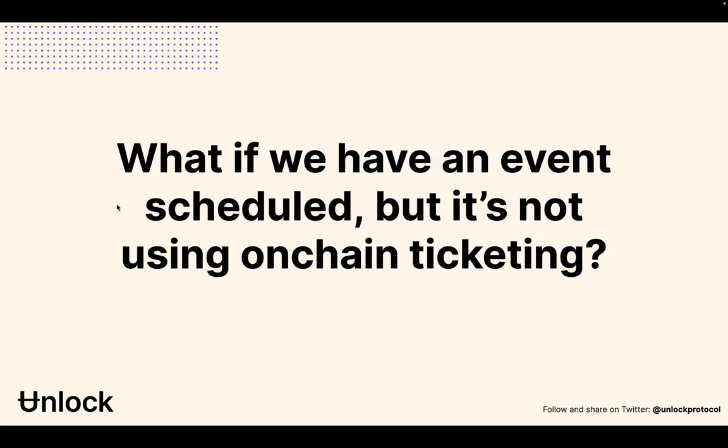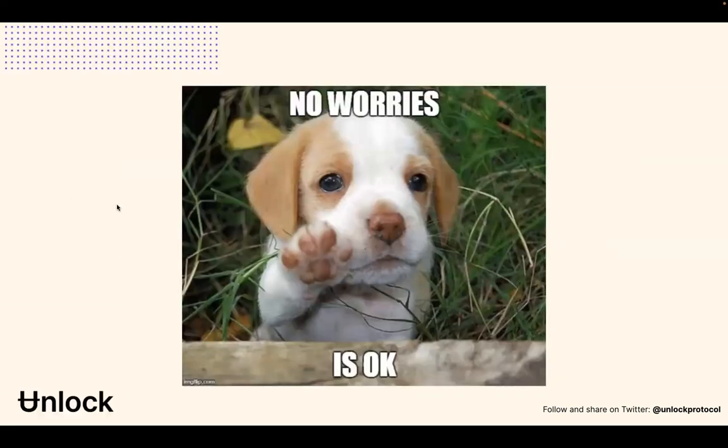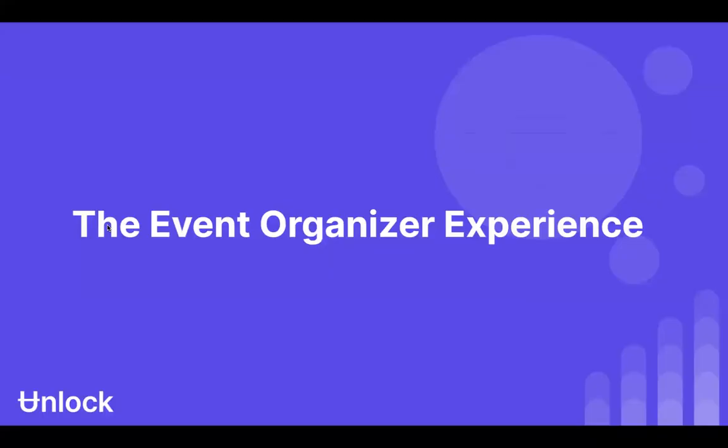This is one of the questions that we get a lot. And yes, you absolutely can. And that's actually going to be a lot of the conversation that we're going to go through over the next few moments here. If you do have an existing event, even if you did it with something like Luma, no worries, it's good. We got you. It's okay. And I can show you how to set up attendance NFTs for that.